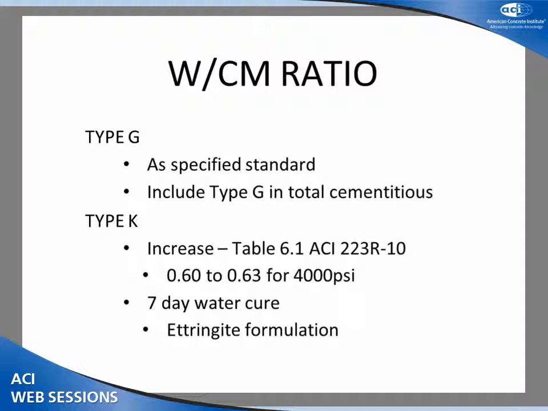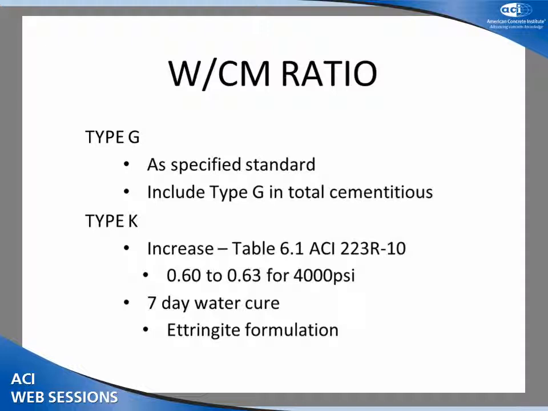Type G concrete does not require any special curing procedures. In essence, a Type G component is transparent in the mix. A Type G concrete placement does not require the special techniques and procedures recommended for Type K concrete.